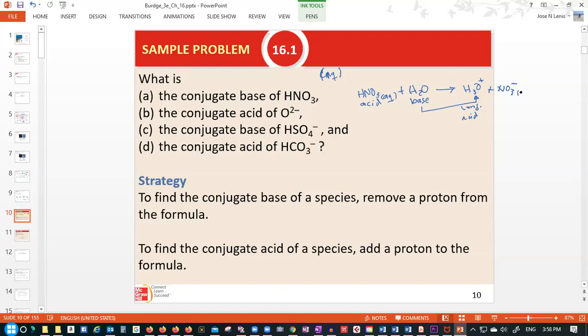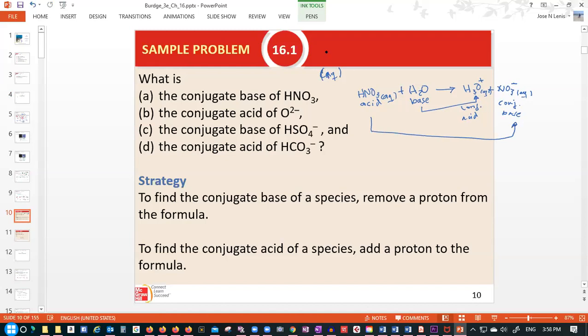And this has to be aqueous. Everything has to be aqueous in order to happen. And this is what we call the conjugate base. And that's the solution to the question. So the acid forms a conjugate base.